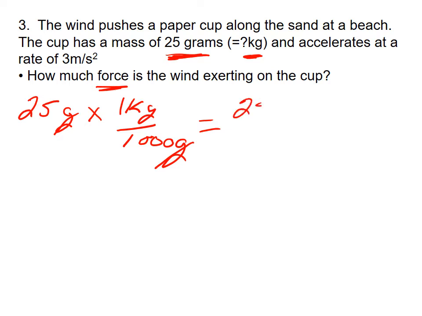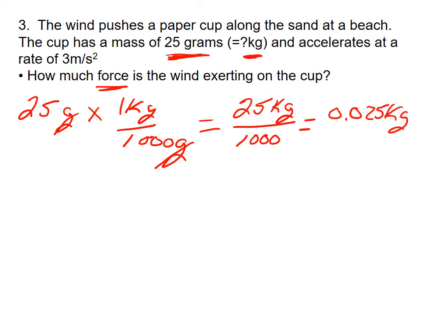25 kilograms divided by 1,000, that equals 0.025 kilograms. So I'm going to need that in my equation to solve for force. So force is equal to mass times acceleration.